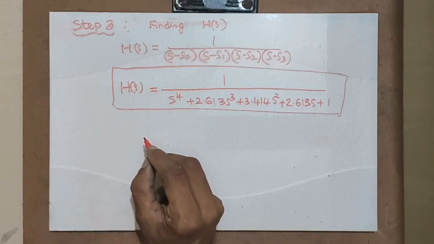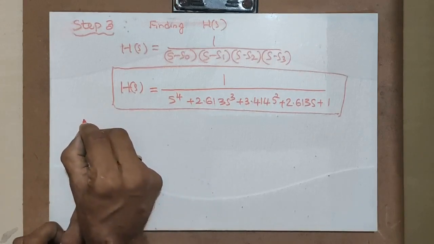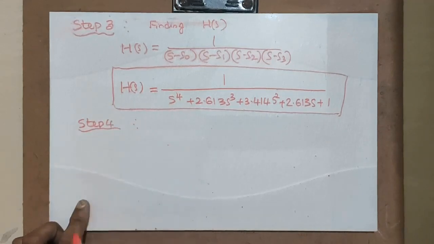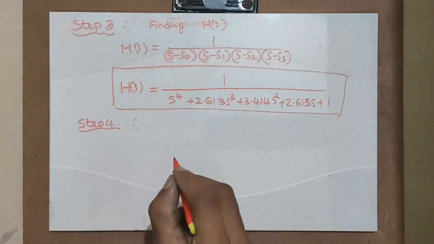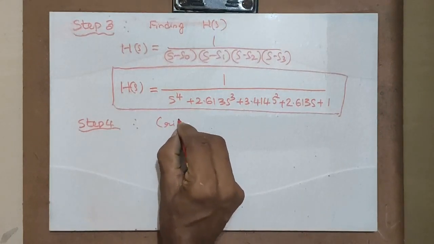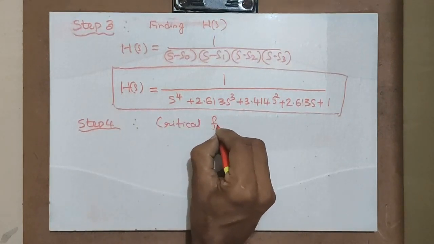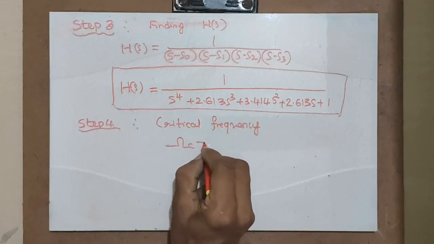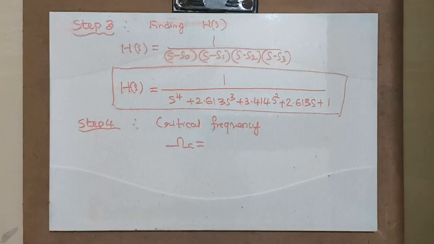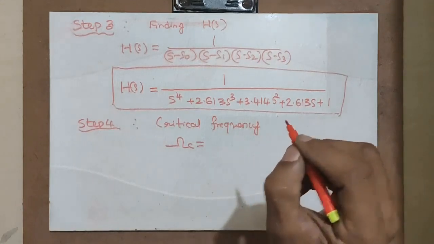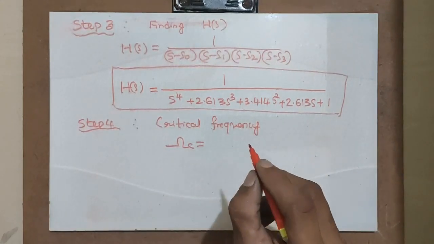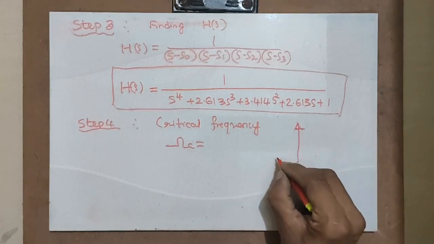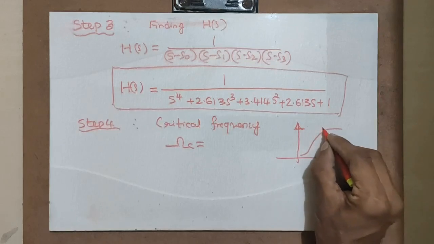Now step 4. It is about critical frequency. We call this the passband edge frequency. Actually, for the critical frequency here, there is no need for you to do any calculation in case of a high pass filter, because the passband edge frequency, whatever is given, that itself is taken as the critical frequency.